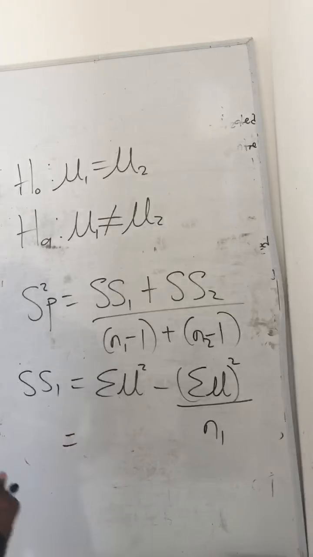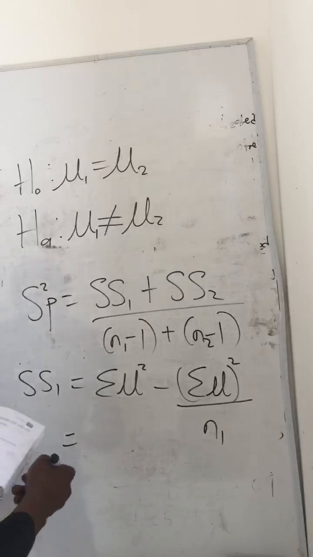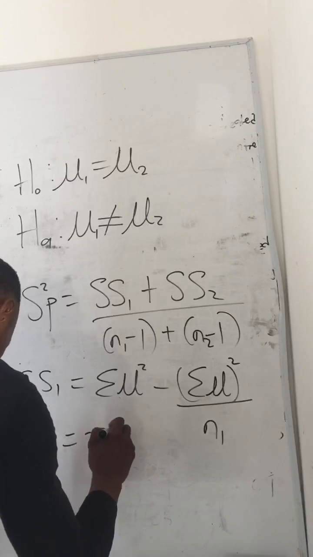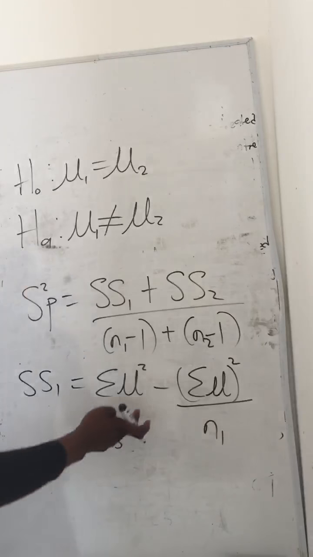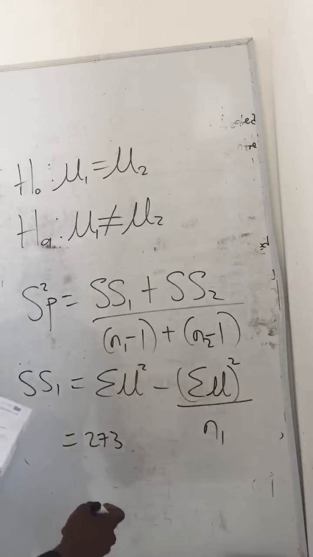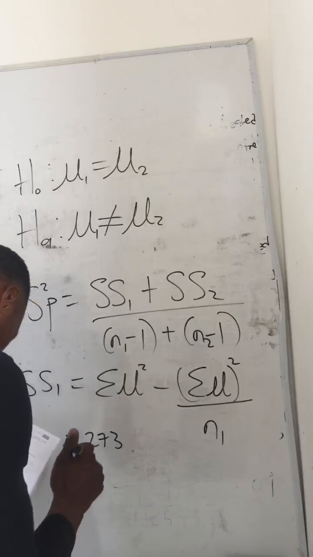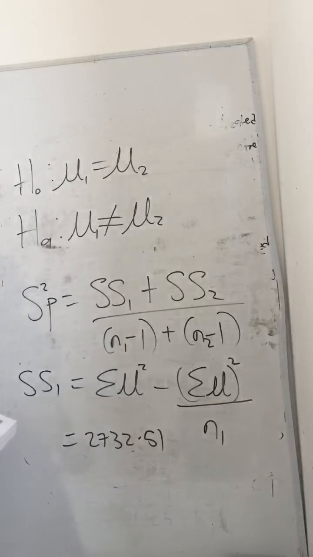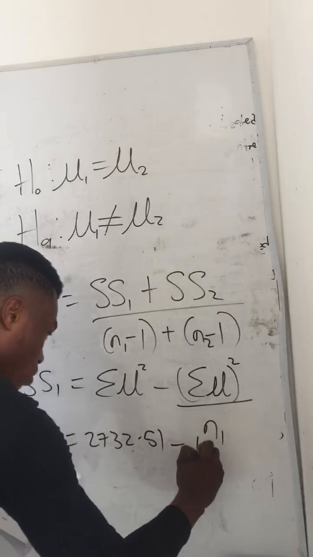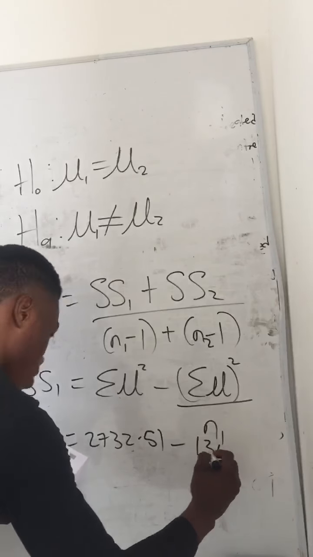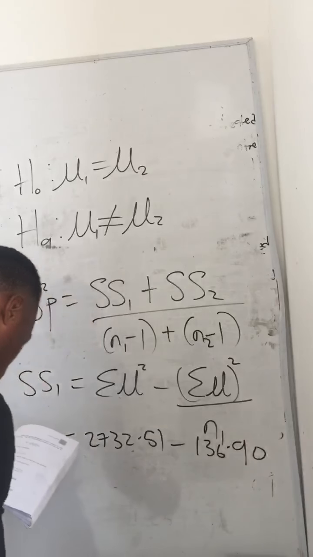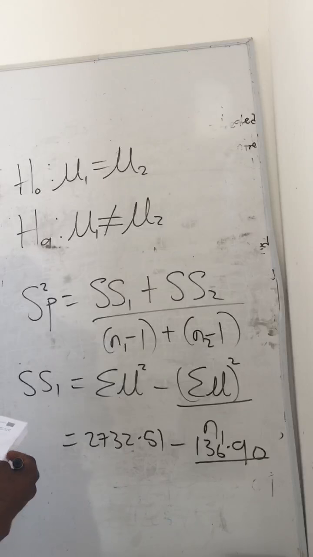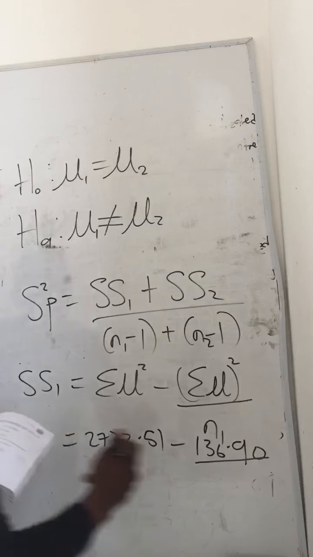So when we find the sum of squares 1, we obtain 273.51 minus 136.90 all over 7.